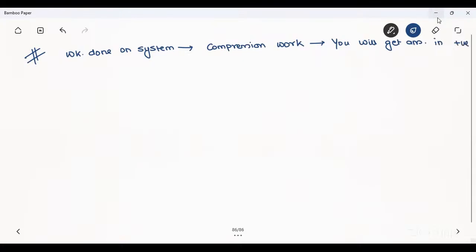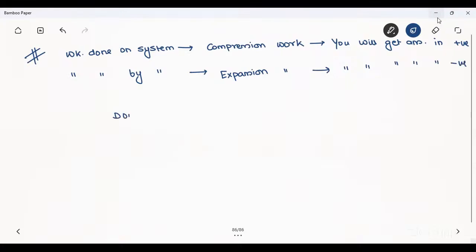And if it is said work done by the system, it means expansion work, and you will get the answer in negative.